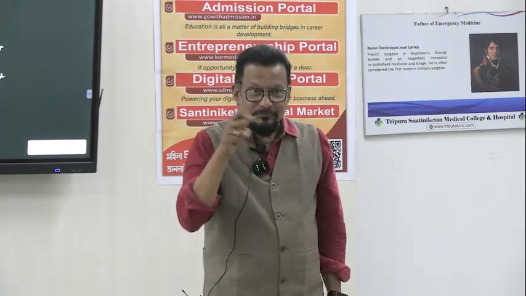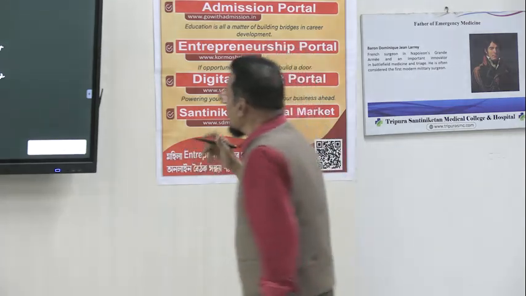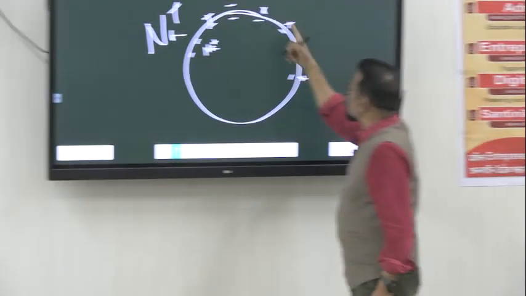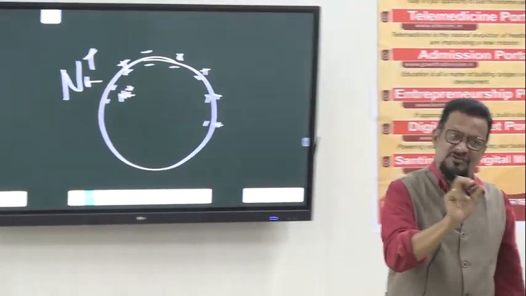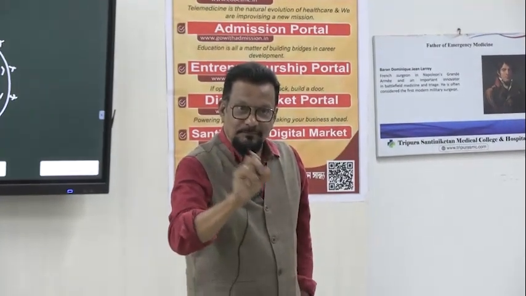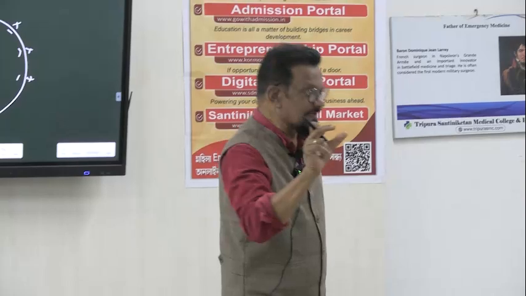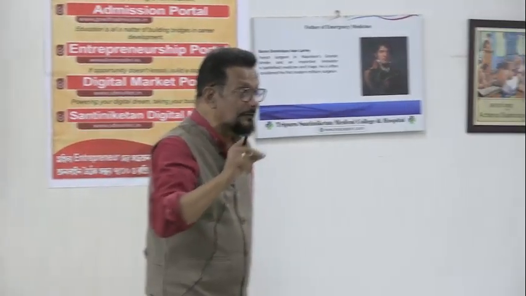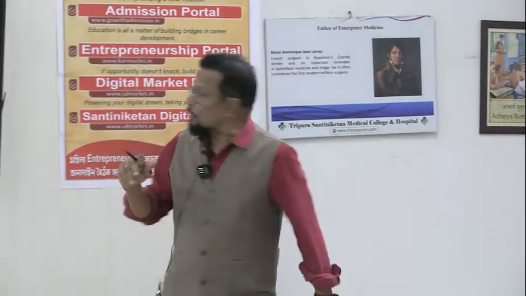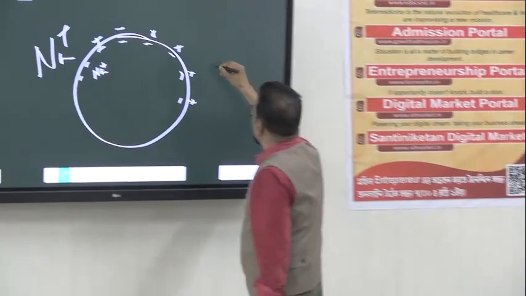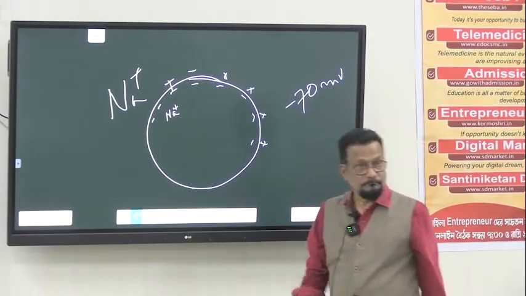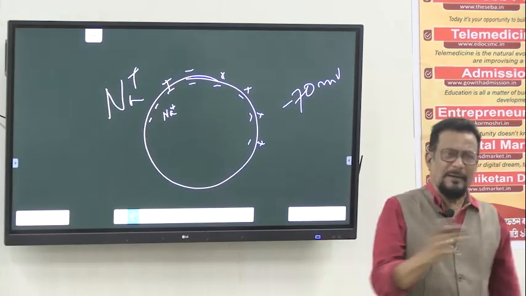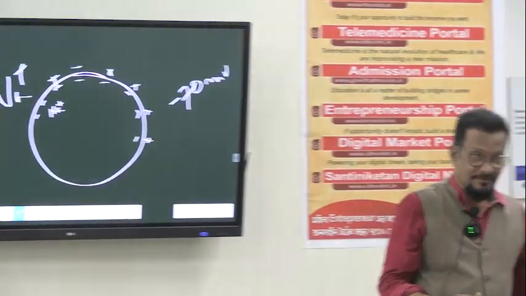So gradually, under normal condition, since there is a difference in polarity, it must have a potential difference. This potential difference is called resting membrane potential, which is about minus 70 millivolt, depending on cell types.